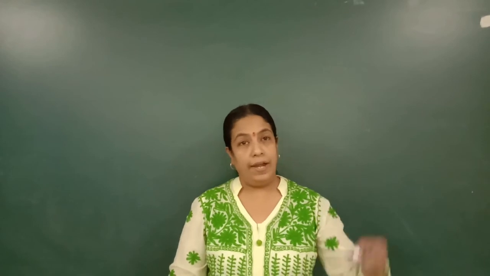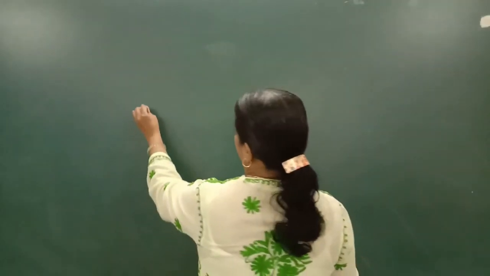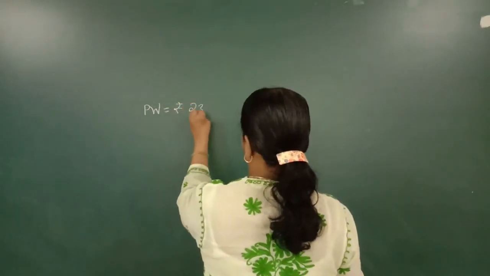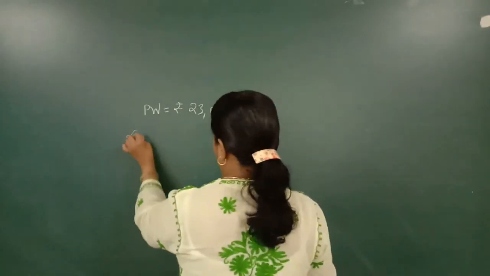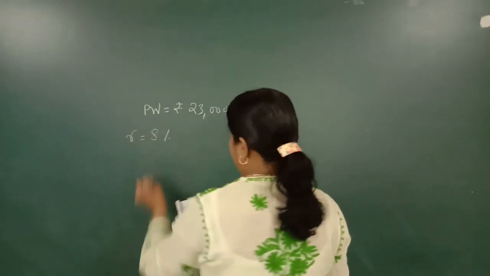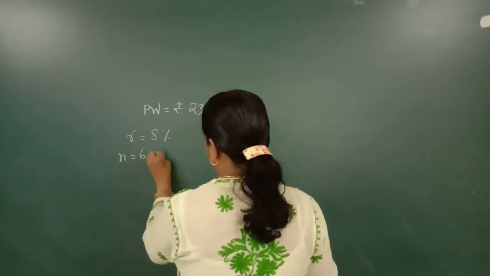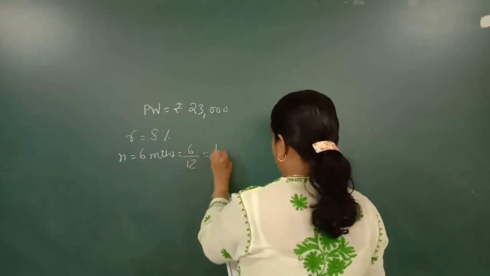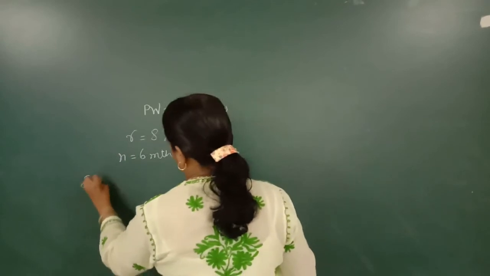Now first we will write down all what is given. Present worth, PW is given rupees 23,000. Okay. Now R is given to be 8%. 6 months, N is equals to 6 months is equals to 6 upon 12, that is 1 upon 2 years. Now we want to calculate sum.